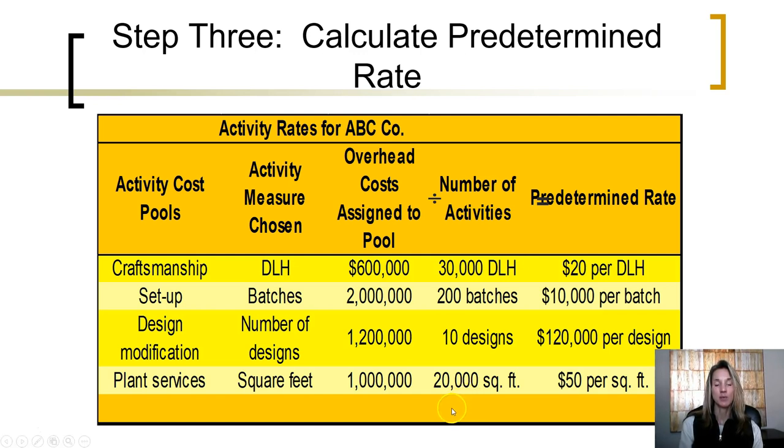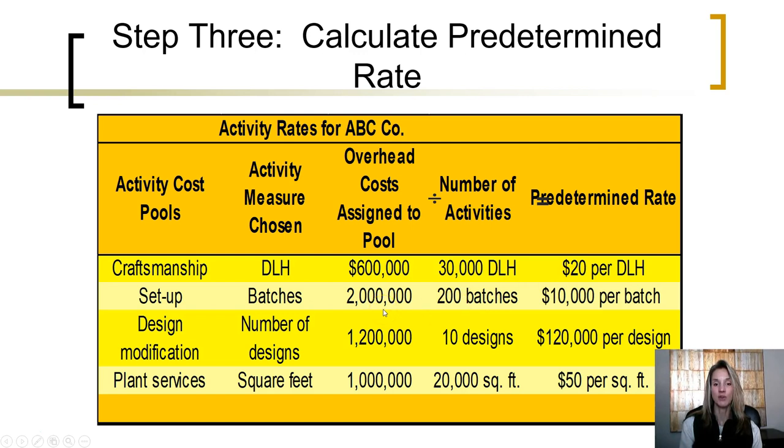Recall that to calculate a predetermined overhead rate, we take the total estimated cost and divide by the total estimate of the activity, or the cost driver. We allocated $600,000 of indirect costs to craftsmanship, divide by 30,000 direct labor hours, which is the estimate of the total activity, for a predetermined overhead rate of $20 per direct labor hour.